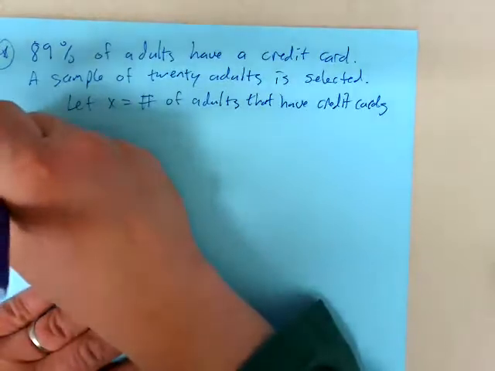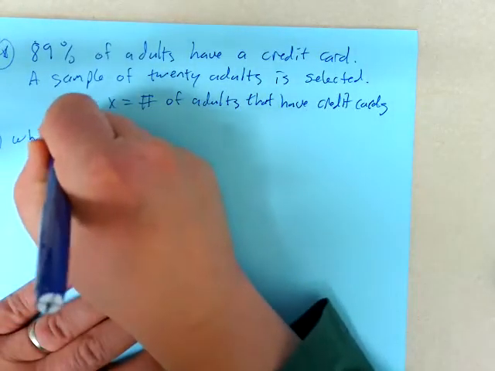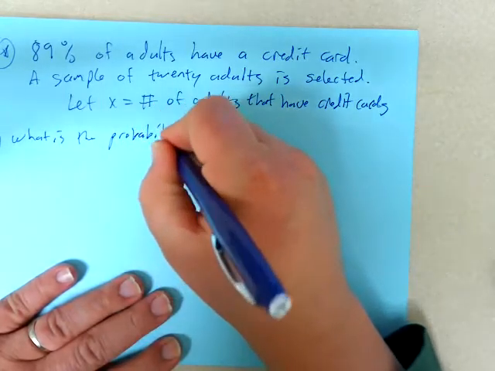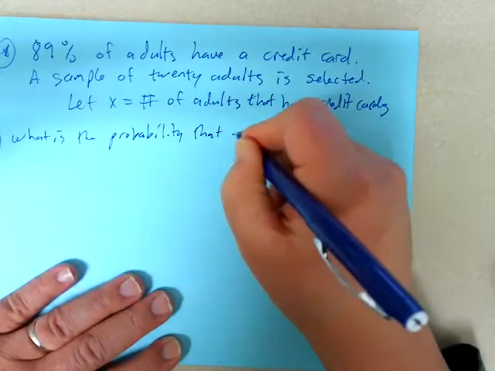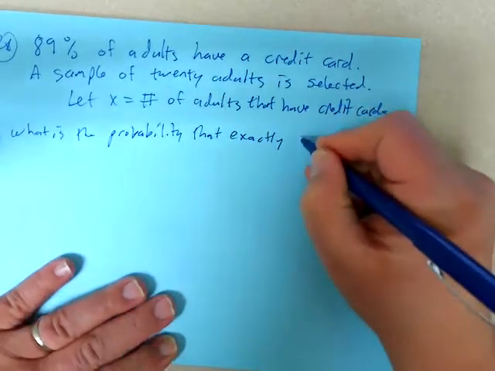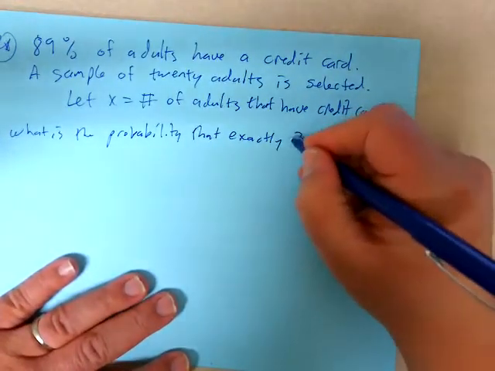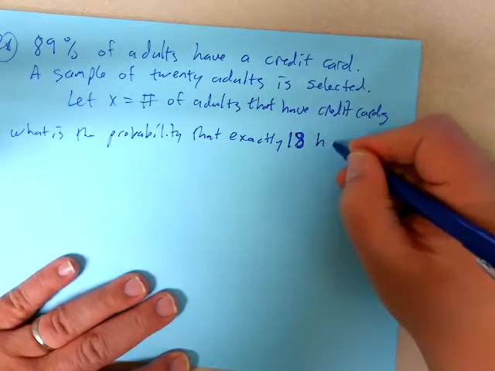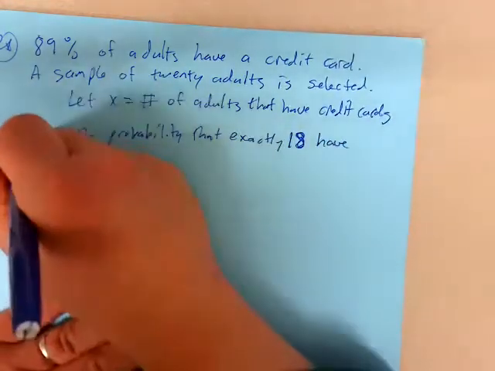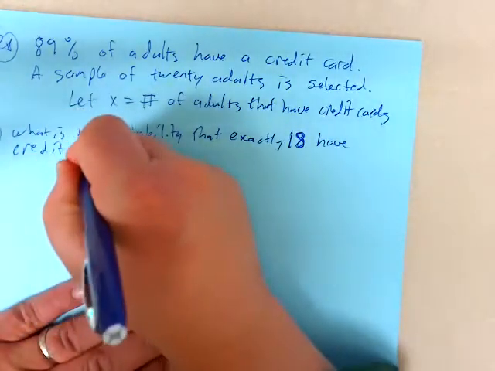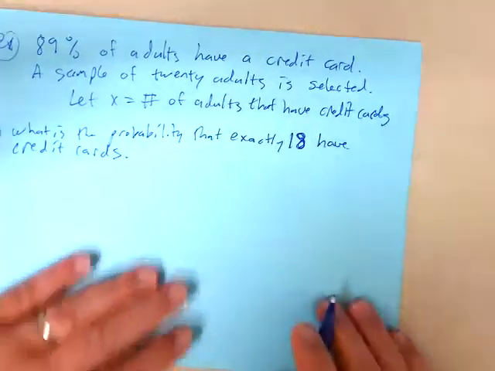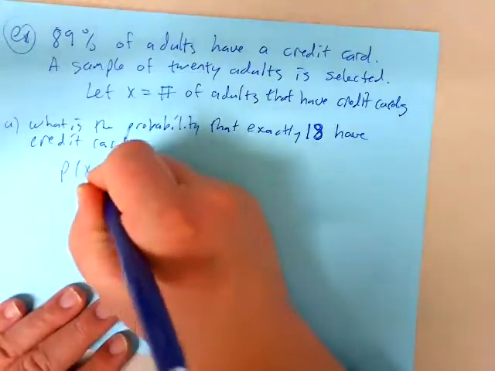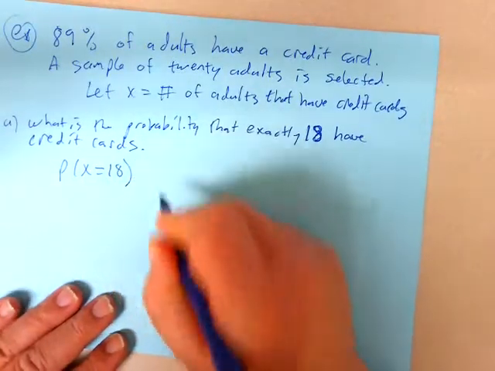Okay, so for example, I might ask, what is the probability that exactly 18 have credit cards? Okay, so this is exactly 18. So I want to find the probability that X is equal to 18.